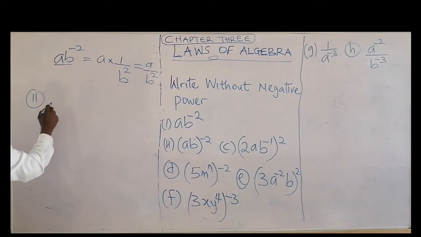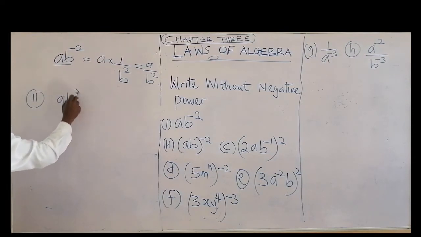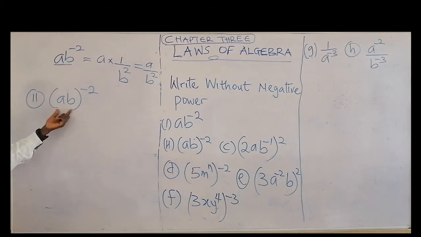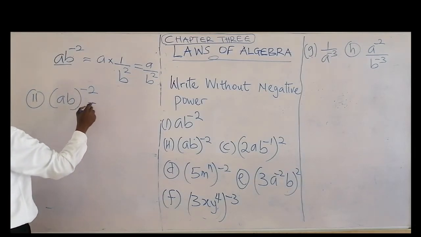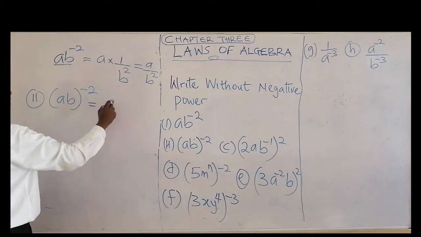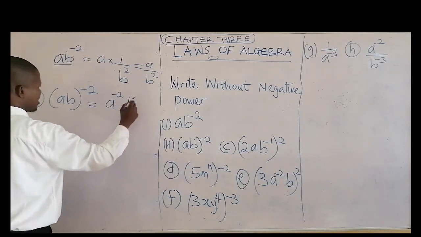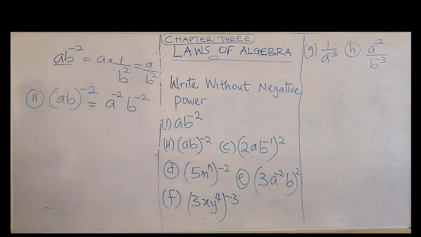Number 2, we have (ab) all to the exponent minus 2. You can see the ab being enclosed and having a power of minus 2. The meaning of this is that a is affected by the power, as b also is affected by the power.